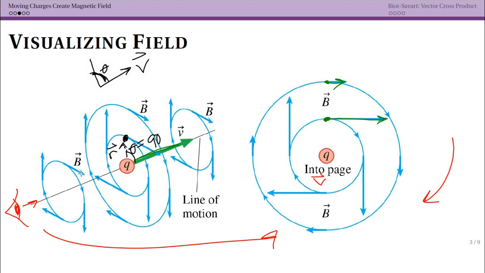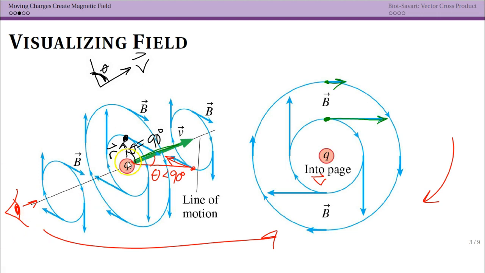Now remember that for a cross product it's sine of theta, so that actually gives you maximal. If instead we think about this point, this theta is now less than 90. It's smaller, and so we actually get a smaller magnetic field.